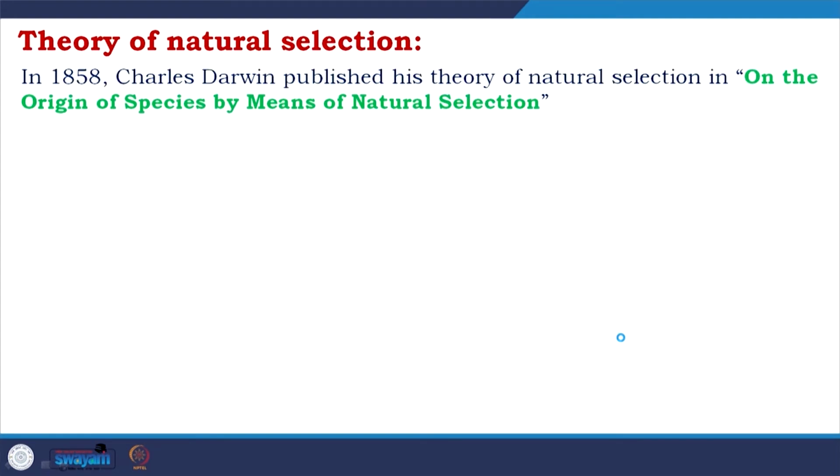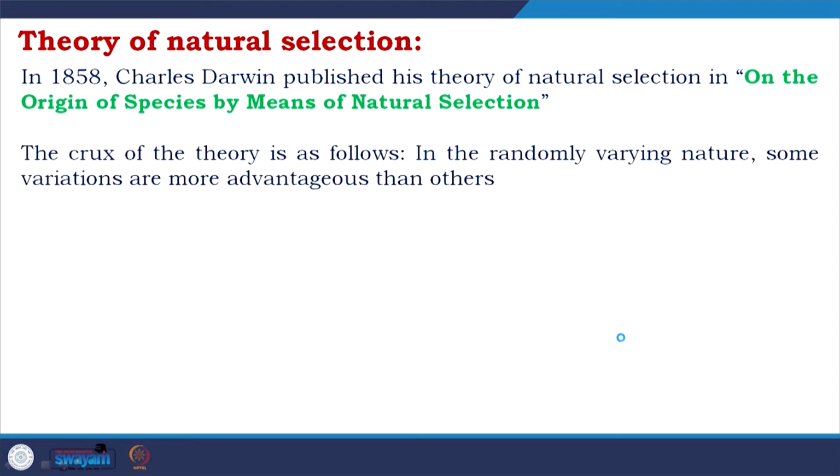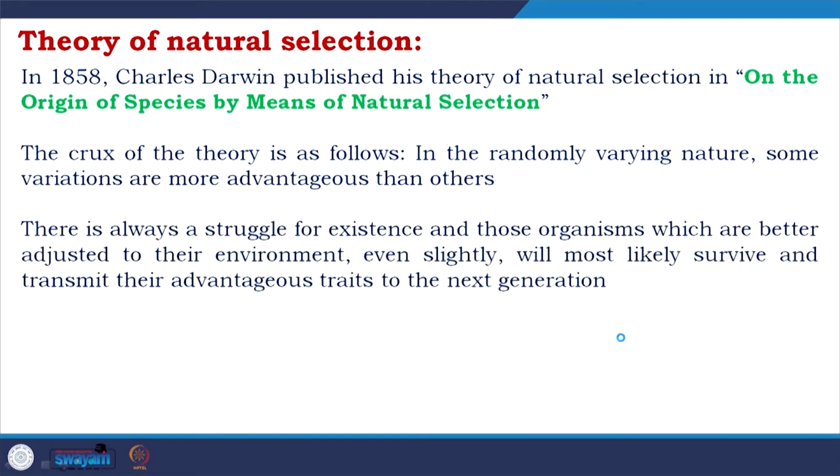In 1858, Charles Darwin published his theory of natural selection, On the Origin of Species by Means of Natural Selection. The crux of the theory was as follows: in randomly varying nature, some variations are more advantageous than others.